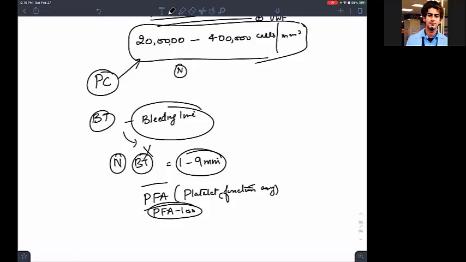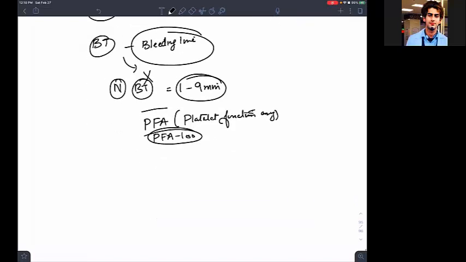Do we remember from our basics that epinephrine and these agents allow us to form the platelet plug when we studied its structure? So in the PFA 100, we are letting the blood make the platelet plug in the presence of epinephrine or ADP.